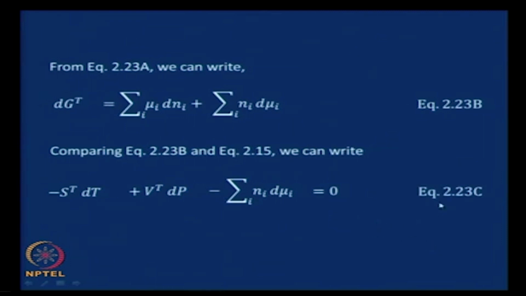Let us call that equation 2.23c. This equation, minus S_t dT plus V_t dP minus summation of n_i d mu_i equals 0, is called the Gibbs-Duhem equation.